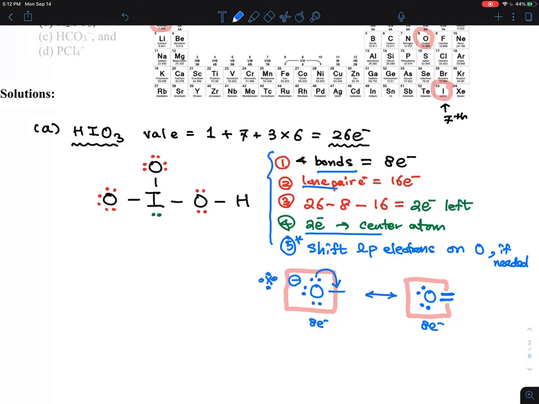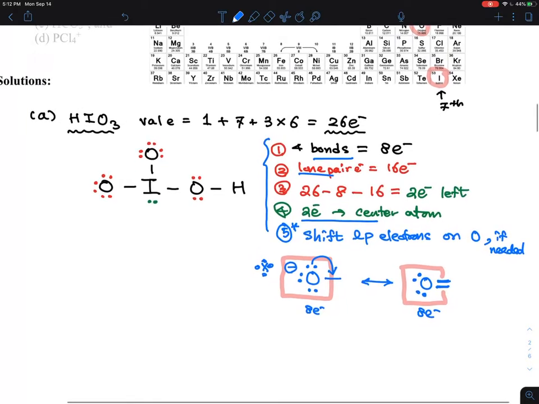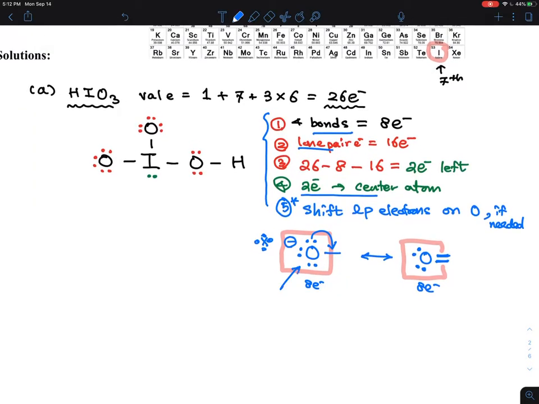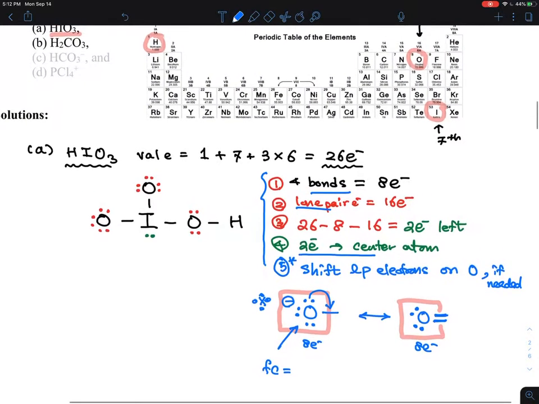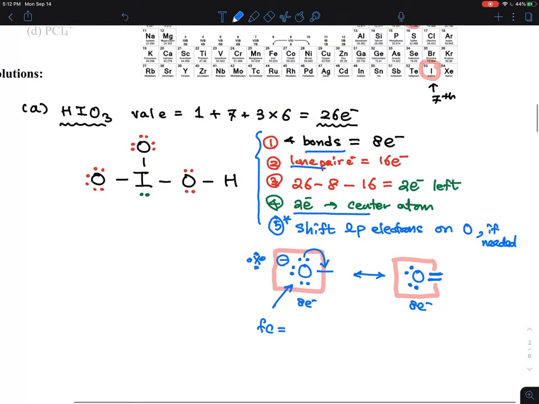Now, let's start to look at the formal charges for the electrons. Why does this one have a formal charge of -1? For oxygen, you need 6 electrons to be neutral.